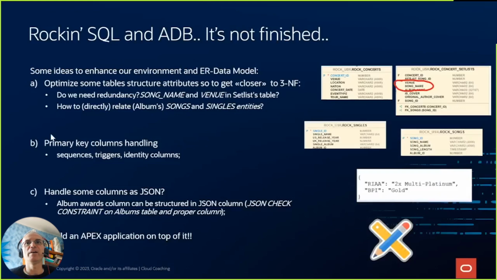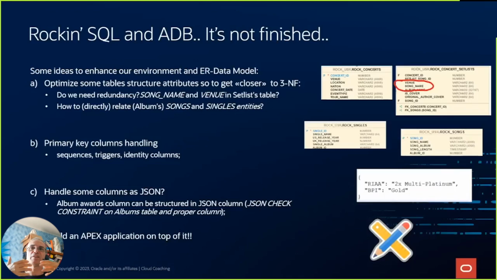For example, I can handle some columns as JSON, referring to my album awards column of the albums table, since it is a descriptive column. I can structure it better as a JSON. We are in 19c as per my assumption, and so we can create a check constraint on the albums table.